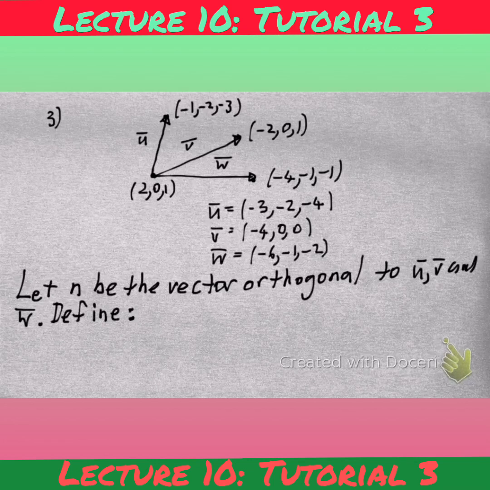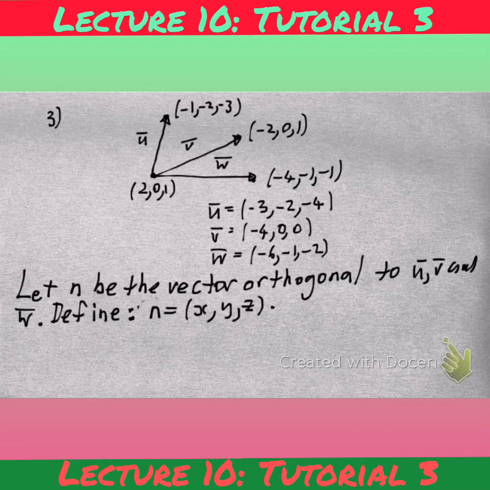Now, for those of you that have looked through the work in chapter 3.5, you can use the cross product as well, or you can be a little bit intuitive, and you can do it with the dot product. So this vector, let's call it a vector x, y, z, and we'll go find values for x, y, and z.